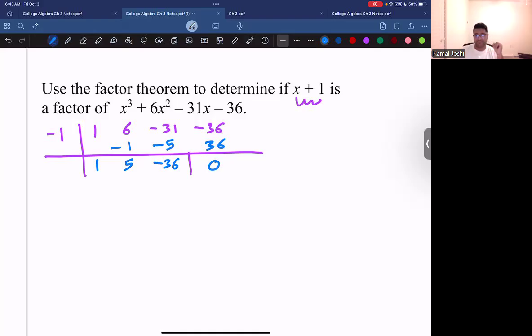Luckily, it's a factor. This time I'm going to show you the second method of factoring. They didn't give a name to this polynomial, so I'm going to give the name p of x, so I have to write less.